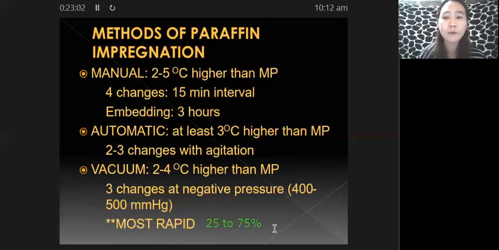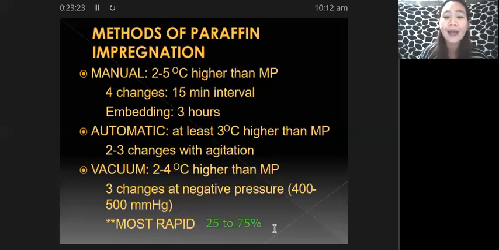So as much as possible, we don't want it to be harder than it already is. That's why, for inherently hard tissue samples, the recommended method is vacuum.